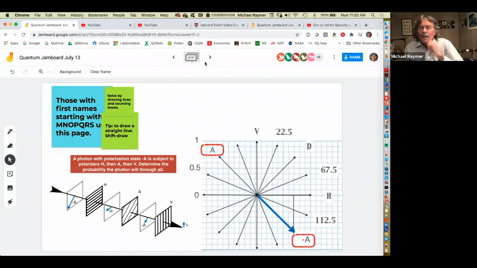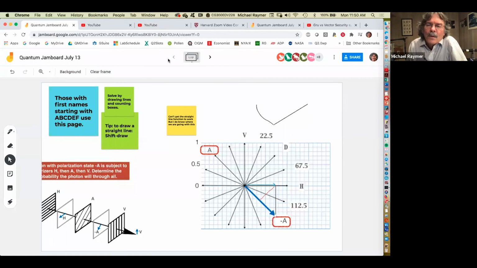On all your pages. Project now onto the minus A axis. And use the shift draw method to get, if you can, an accurate representation.